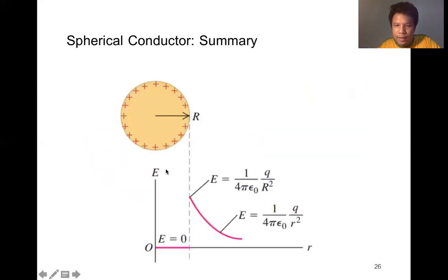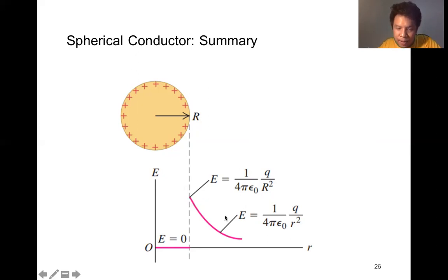Then if I draw the graph of a spherical conductor to find the electric field as a function of R, we can see that the electric field within the conductor will be 0, and then the electric field outside the conductor will be proportional to inverse R squared.